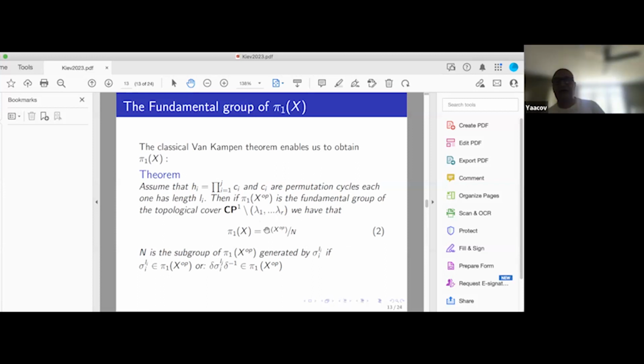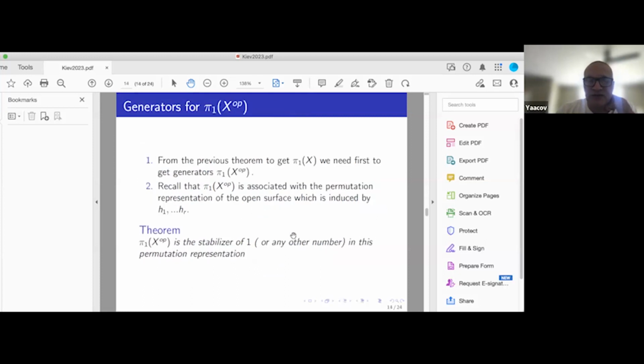But if you want to do really hardcore analysis on the moduli of Riemann surfaces, you need to get explicit generators here. And you will see that getting explicit generators is pretty easy. What is more challenging is to get the commutation relation. And that's what we're going to talk about towards the end of the talk. Okay?